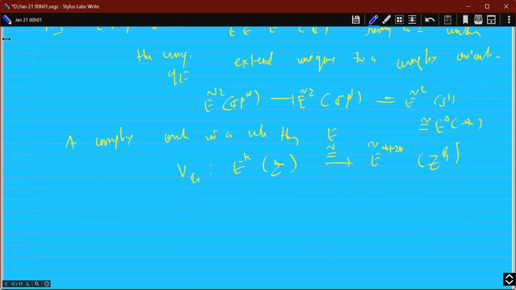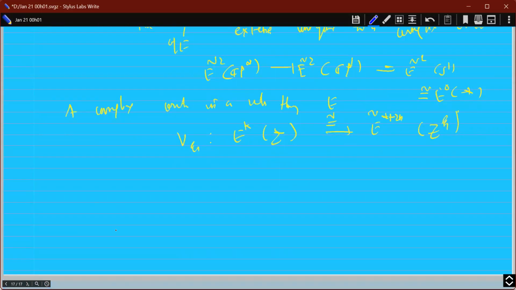So maybe a remark. We also get Chern classes. We'll also define Chern classes, so that we have naturality under pullbacks.